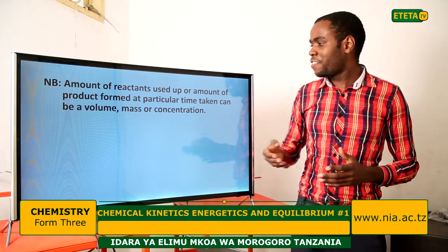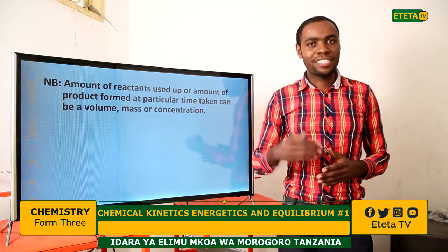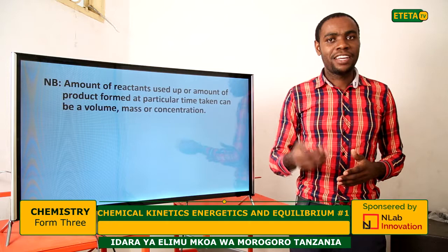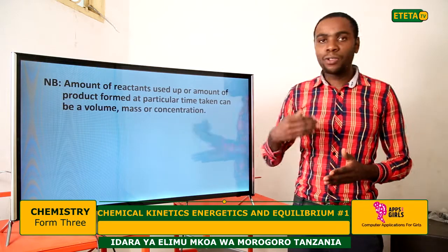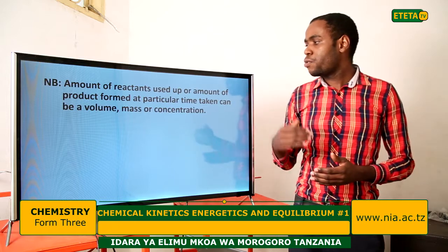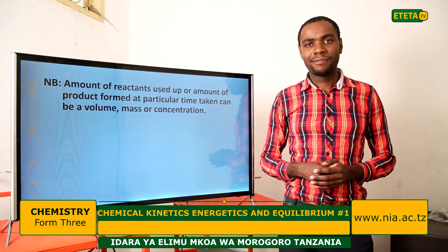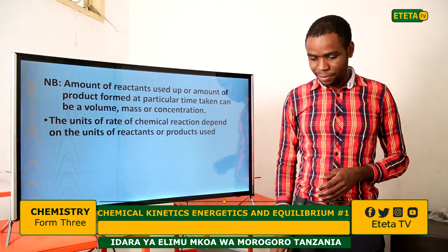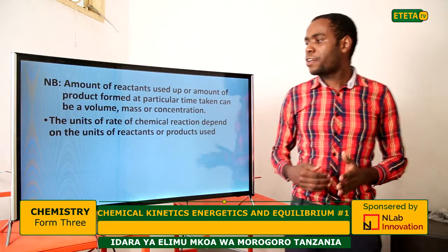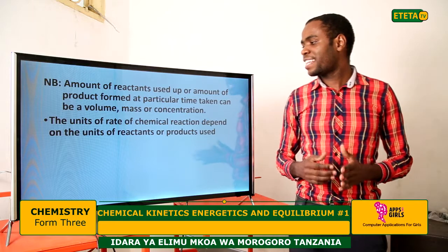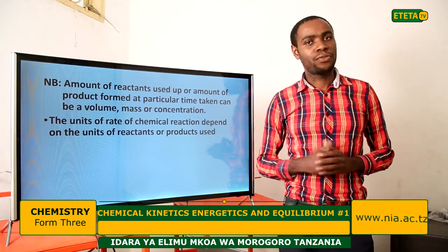Or if you have been given the concentration, the unit you use is the unit of concentration. So the units of the rate of chemical reaction depend on the unit of reactant or product used.